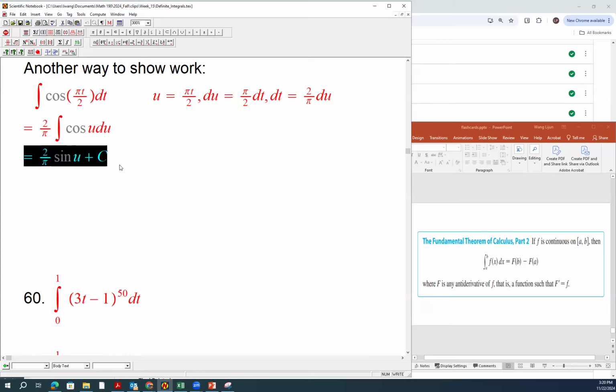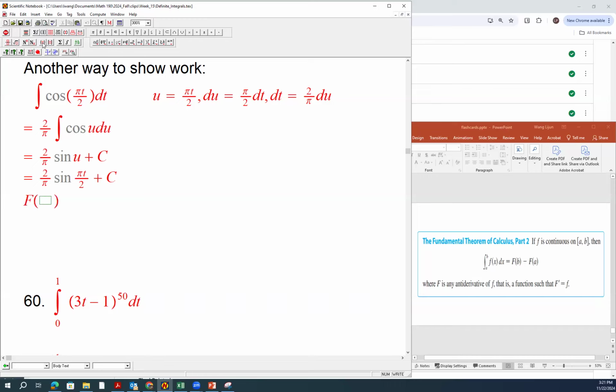To finish, you just replace u by pi t over 2, and you're done with the indefinite integral. Then you have found all the possible antiderivatives already, so you're going to choose one. The one you choose is just the one without the constant, because the theorem says you just need one antiderivative.